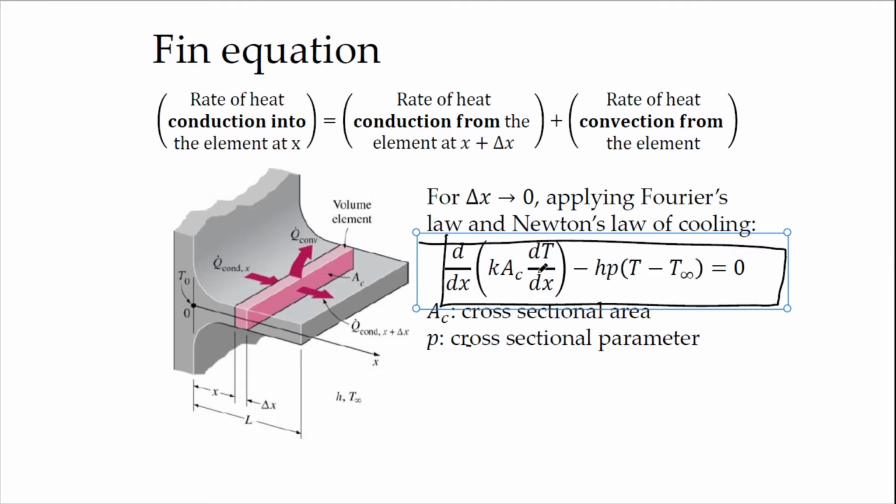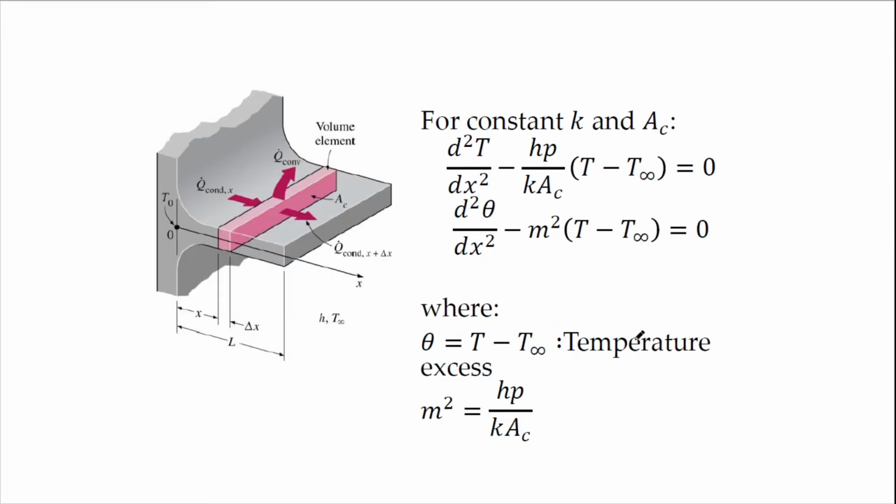This is part conduction equation and part convection equation. Rearrange this to make it simpler. Instead of T, we change to theta, where theta is T minus T ambient. T is the temperature at the fin, and T ambient is your ambient temperature.